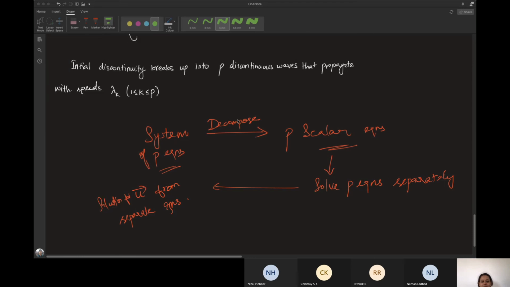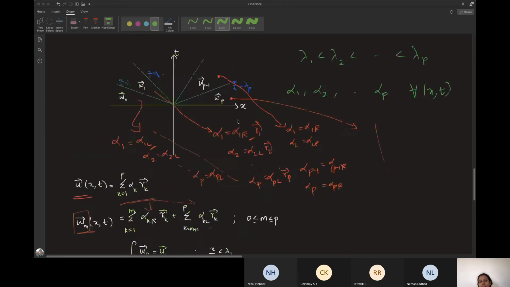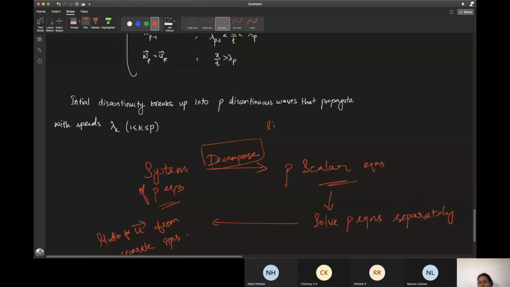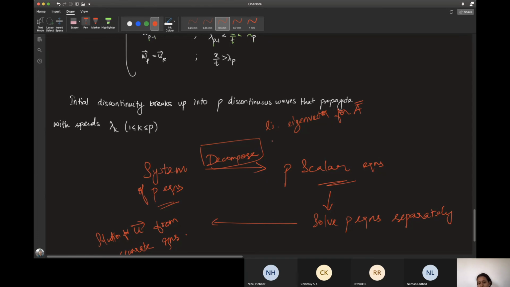The requirement for decomposing the system of P equations is that you need linearly independent eigenvectors for A. That is a necessary condition. Without that, you cannot do this decomposition.